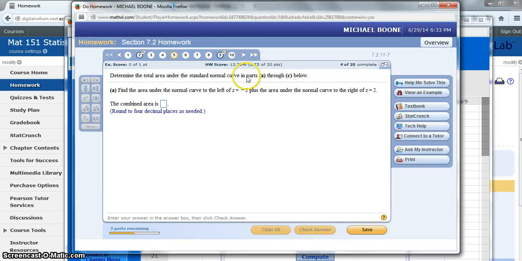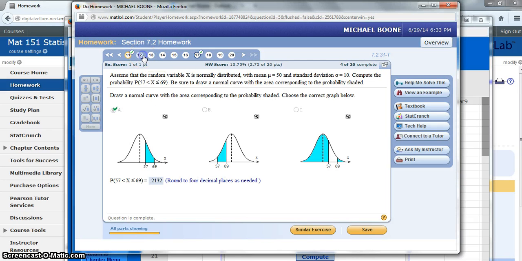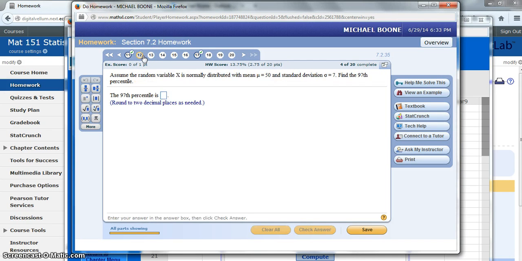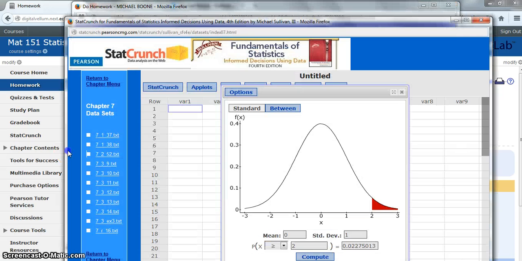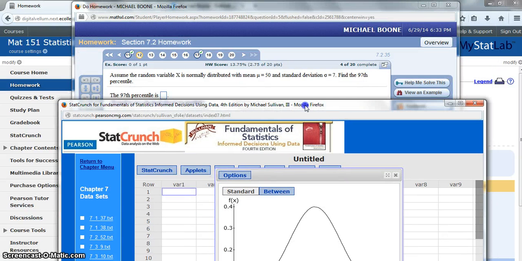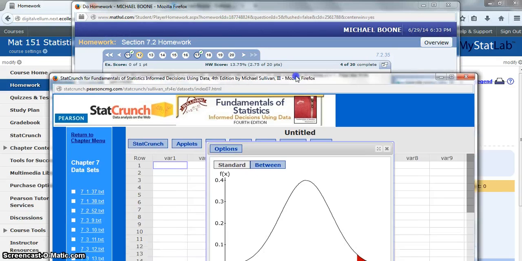Looking at a question like this, the 97th percentile, on the TI this is called an inverse norm. They told me that the mean is 50 and the standard deviation is 7.